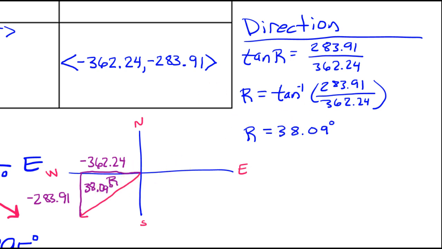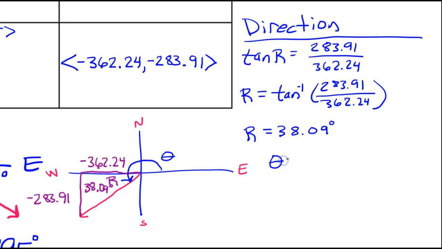Okay, now what we often do is we will now measure the direction from the positive x-axis. So if I were to do that, it would look like this. And we call this theta when we measure from the positive x-axis.